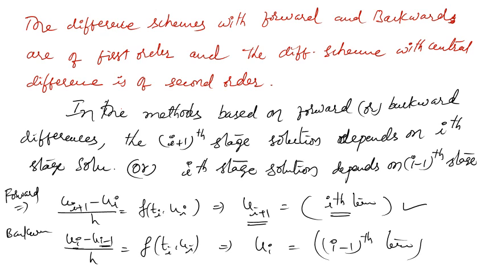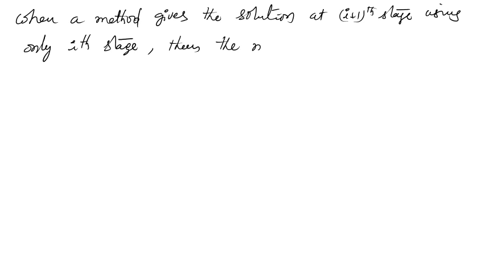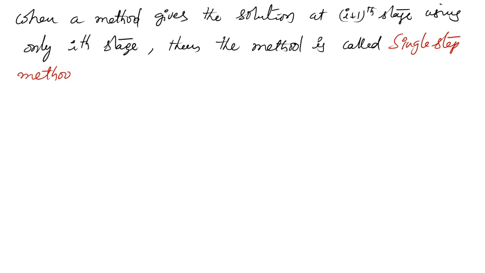That means when a method gives the solution at the i plus 1th stage using only the ith stage, that is, only the previous stage, one stage, then the method is called a single step method.